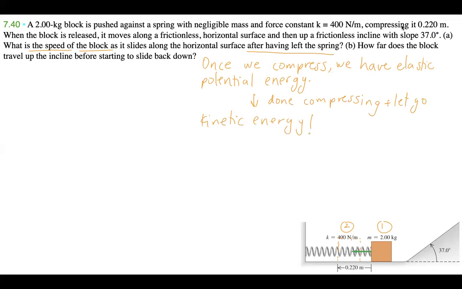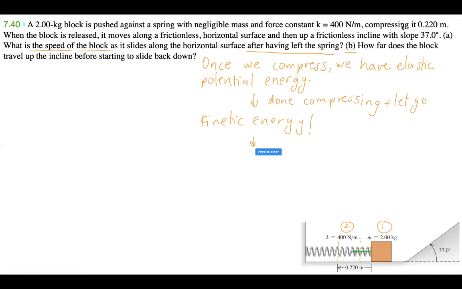Also, let's take a look at B. It says, how far does the block travel up the incline before it starts to go back down? Well, we know that when an object changes vertical position, that becomes a change in gravitational potential energy.